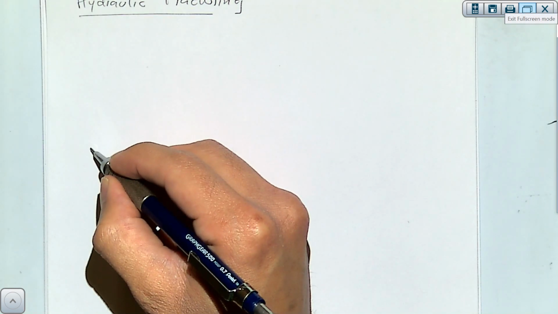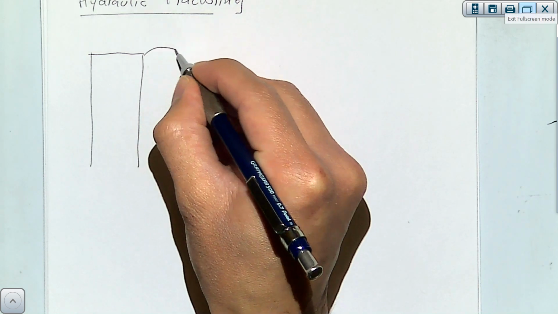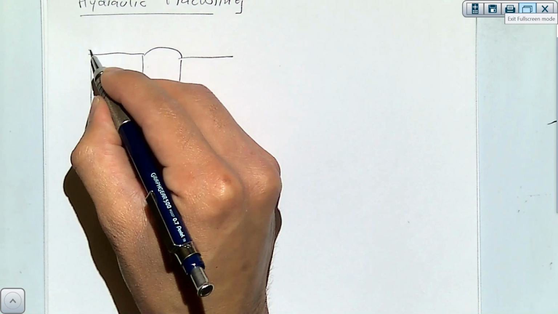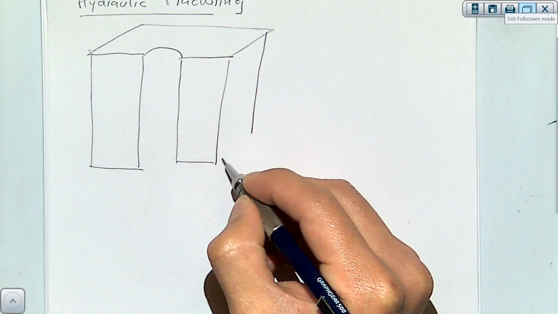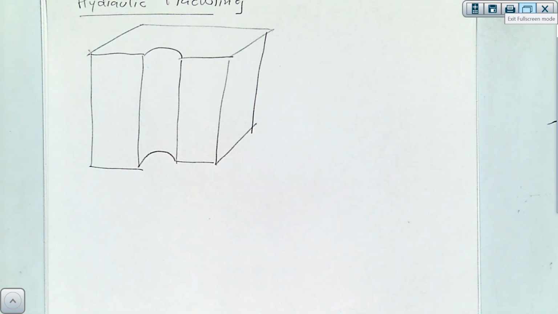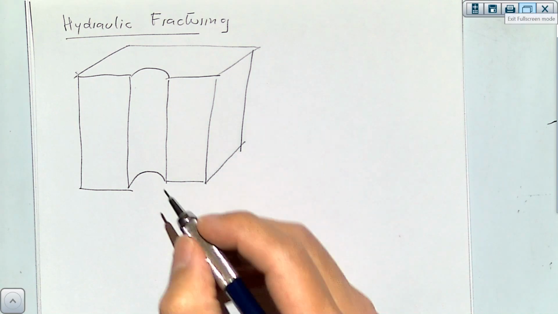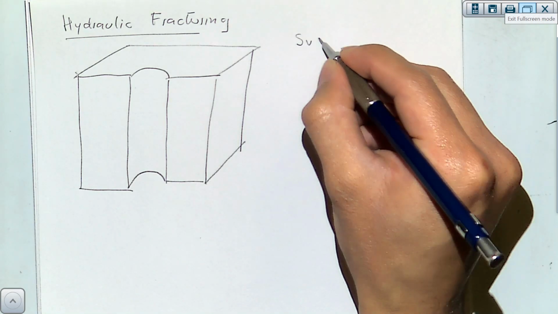Let's imagine a vertical wellbore. This could also be a perforation. It's the same thing, just a different scale. And let's say that we are under normal faulting conditions.